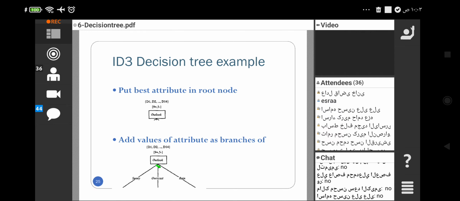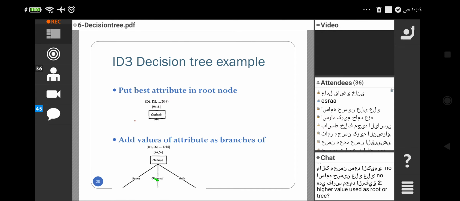No problem here. So we selected the best attribute, we put it in the tree, and then we added the branches of that node with the values of outlook. This was the first node of the tree, outlook. And now we have to check these points.